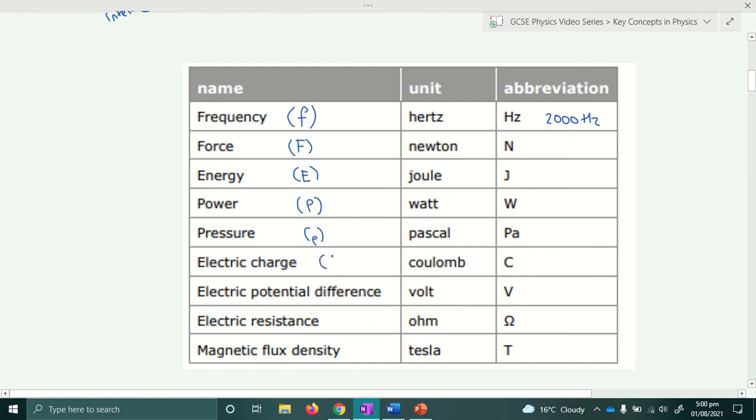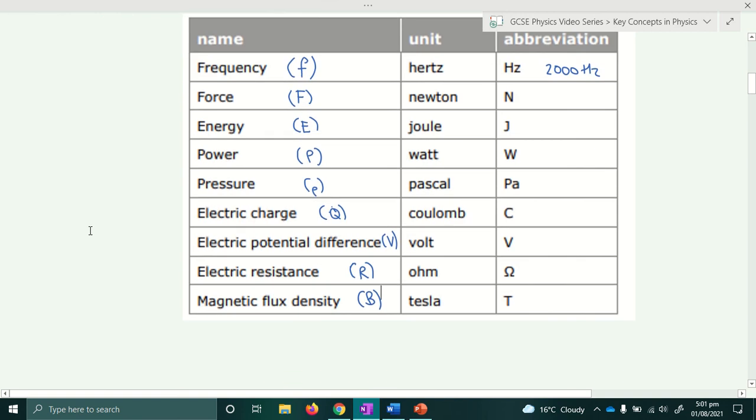Charge is given the symbol Q. Potential difference is usually given the symbol V, and you can see its unit is also V, so ripe for some confusion there. Resistance has the symbol R, so that's what you'd see in an equation. And magnetic flux density, in a really logical fashion, has the symbol capital B, which at this stage doesn't really make a whole lot of sense. So these are the symbols for them, and these are the units down here.